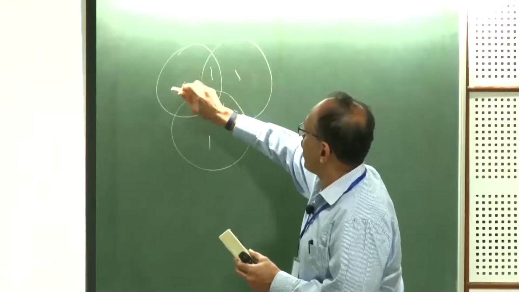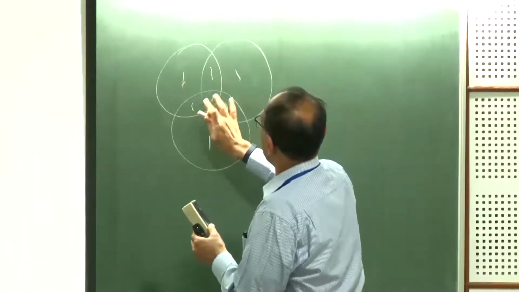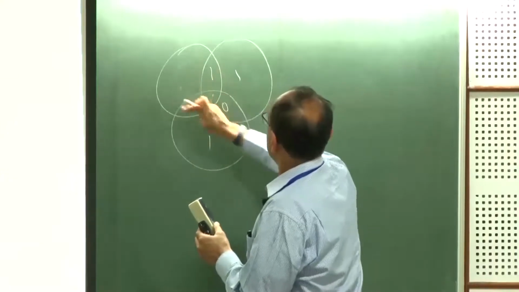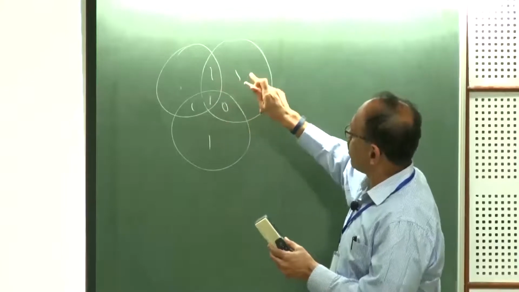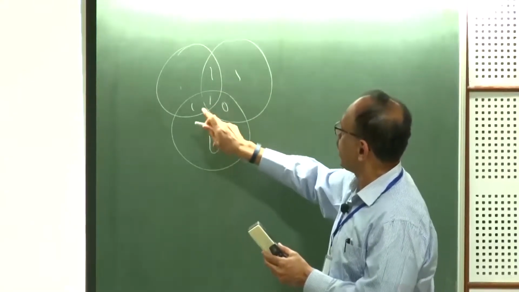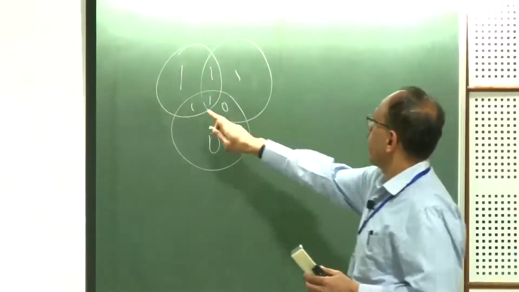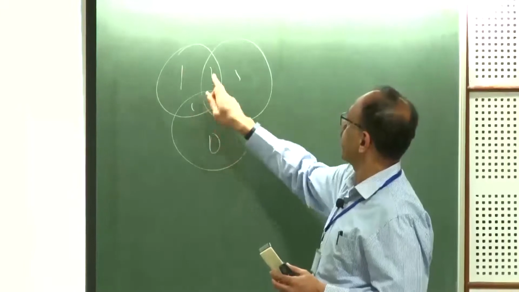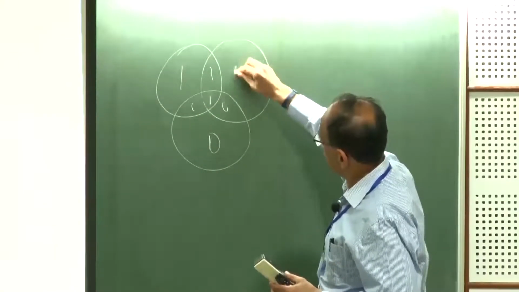But to make it interesting, we will make one of them 0 here, then this is 1 1 0, that's correct. Now this is 0, this one is 1, 1 1 0 0, correct. The top right one should be 0, correct.